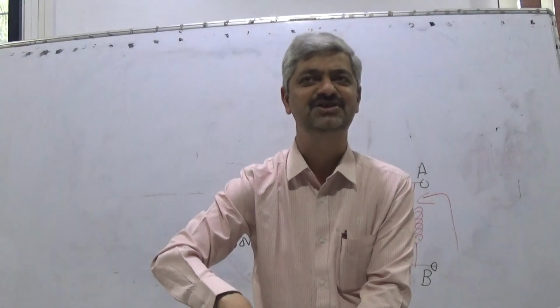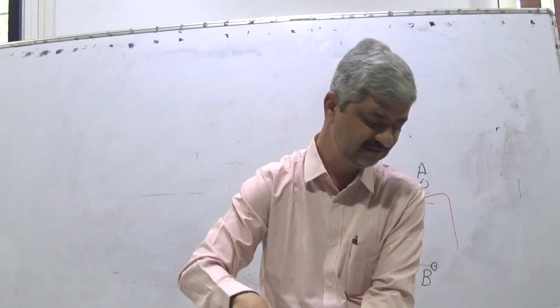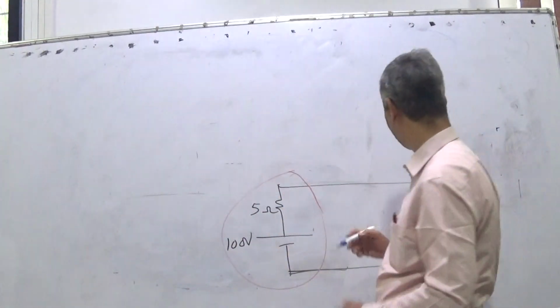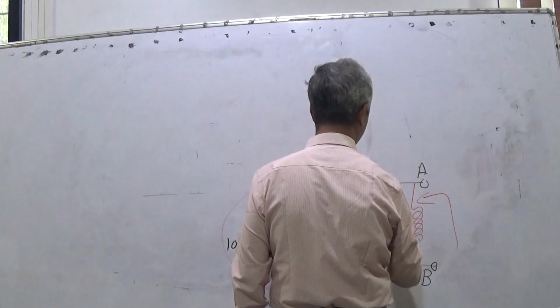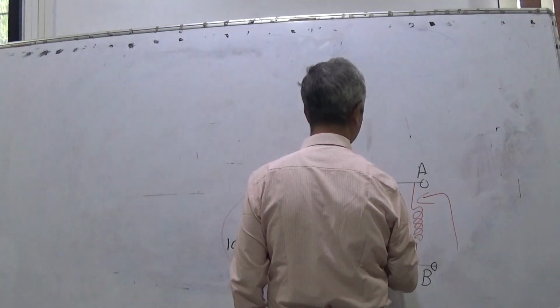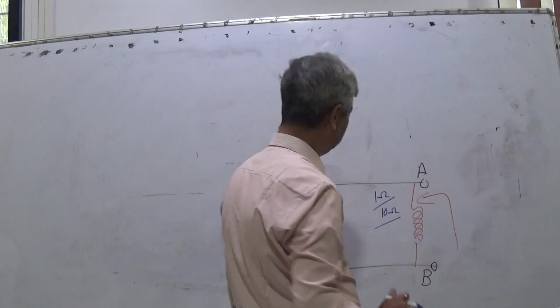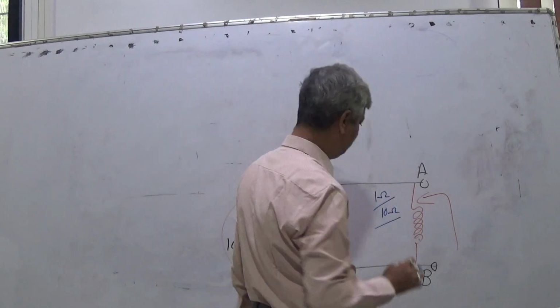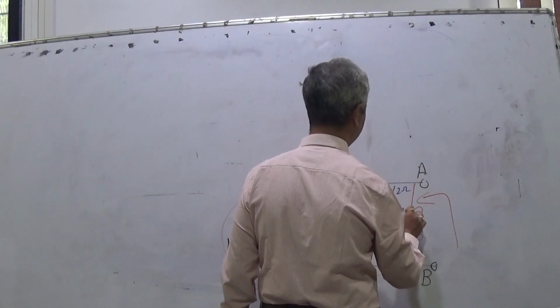So we can check if I put a coil of resistance 1 ohm, 2 ohm, 10 ohm.